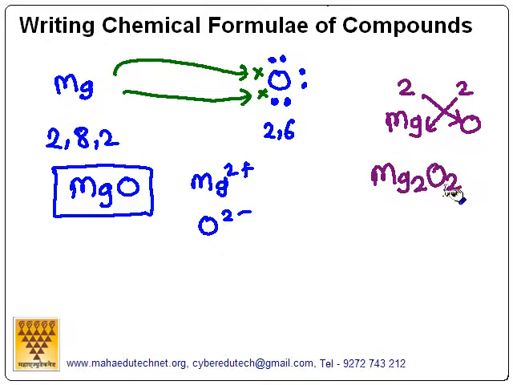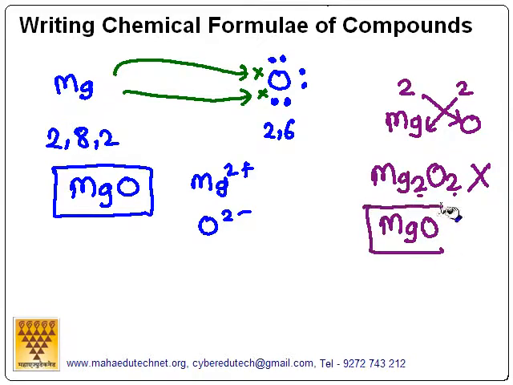We cannot write this formula as Mg2O2 because only one magnesium atom can react with only one oxygen atom to form MgO. So this 2 has a common factor, and that is 2. So we have to remove that common factor and write the formula as MgO.